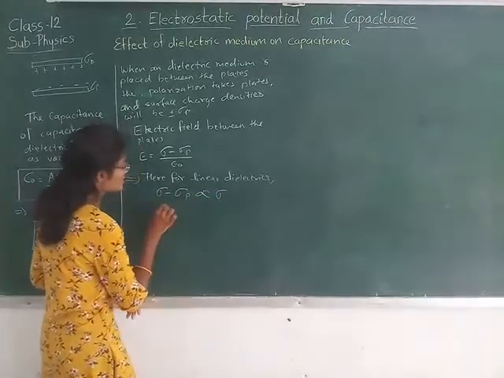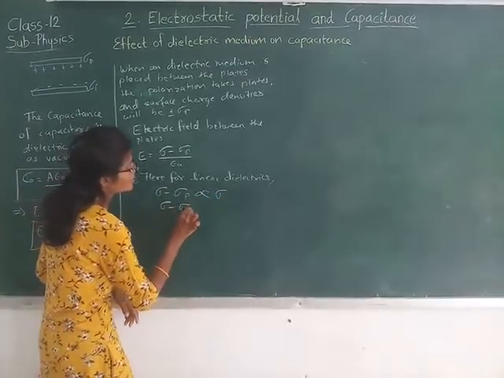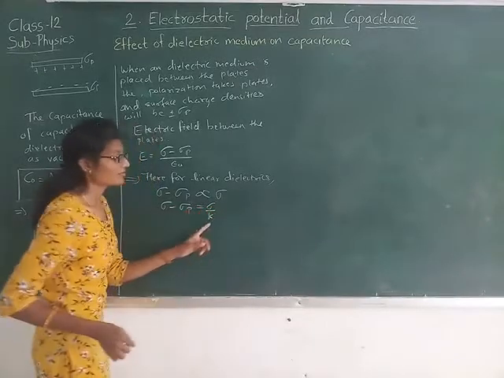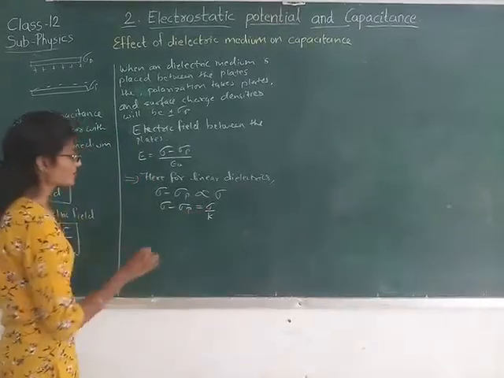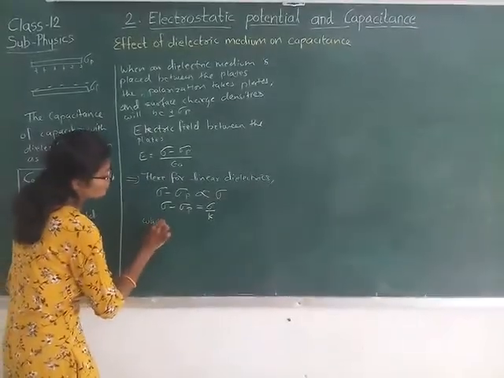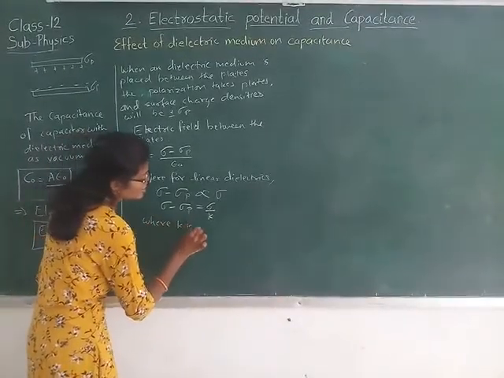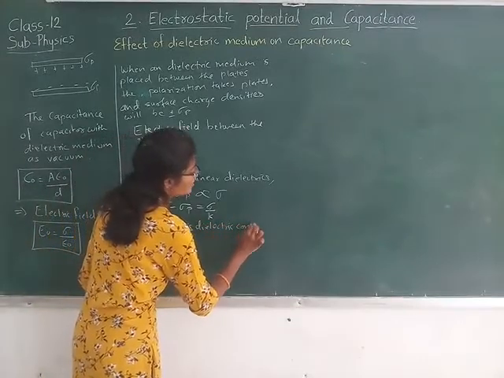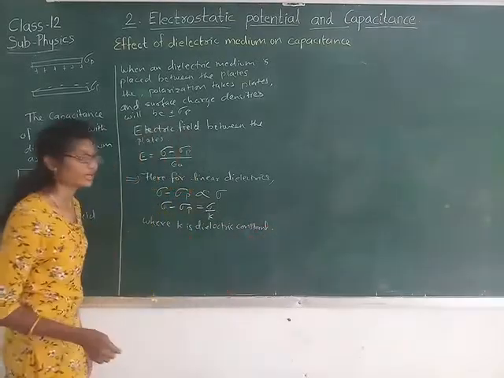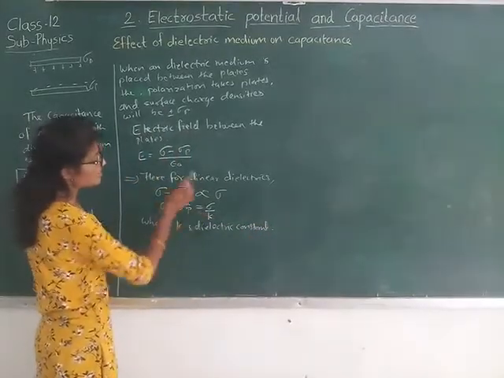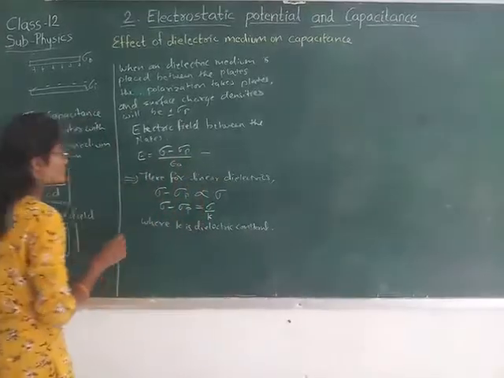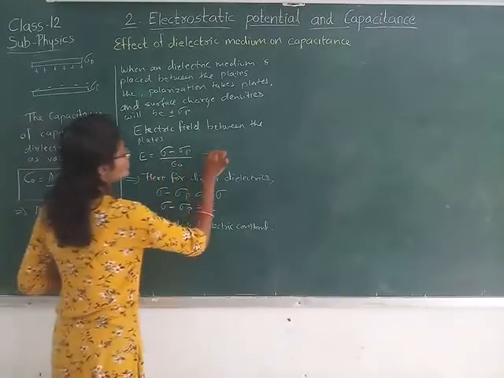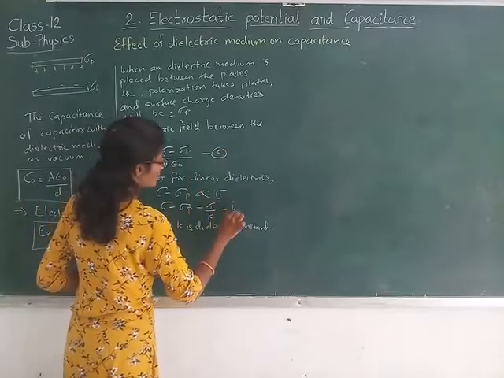Removing this proportionality constant, we can write sigma minus sigma p equals sigma by k, where k is the dielectric constant, right? Now using this equation in equation number, let us say this as 1, equation 2, equation 3 and equation 4.